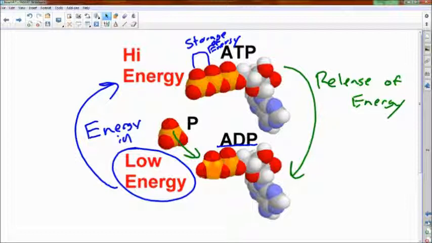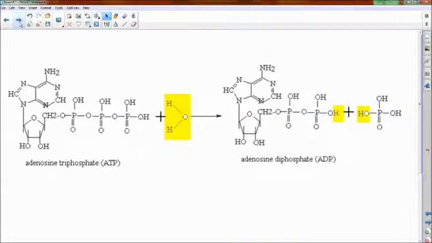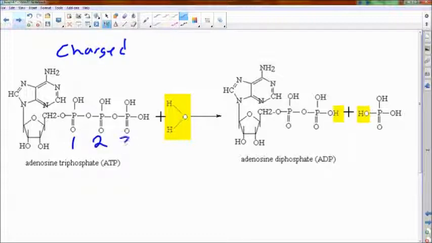Now, how are we actually going to put on and take off that phosphate group? Well, we've already learned about that. So here's ATP right here, in the charged state on the left. So here's the 1, 2, 3rd phosphate group.